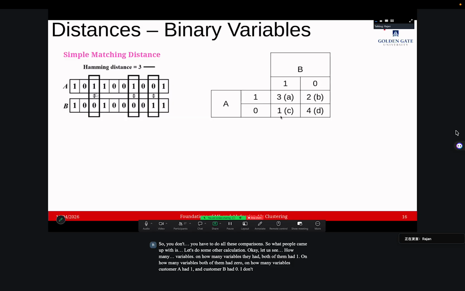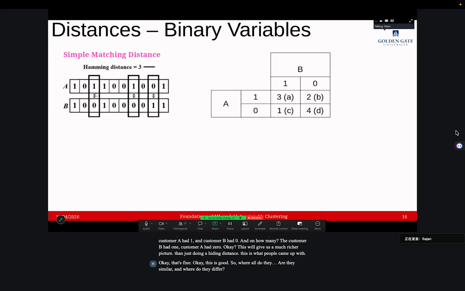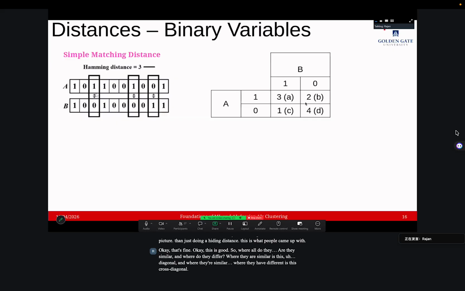And on how many customer B had 1 and customer A had 0. This will give us a much richer picture than just doing a Hamming distance. So where are they similar and where do they differ? Where they are similar is this diagonal, and where they are different is this cross diagonal.